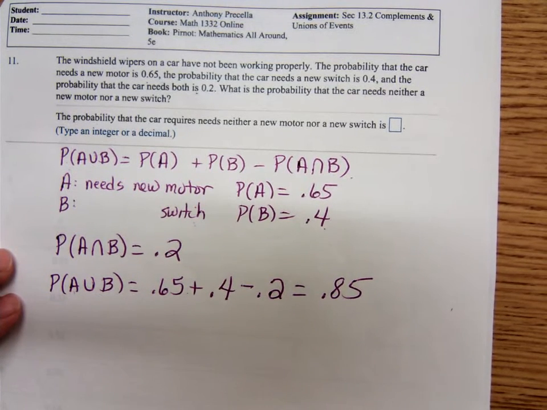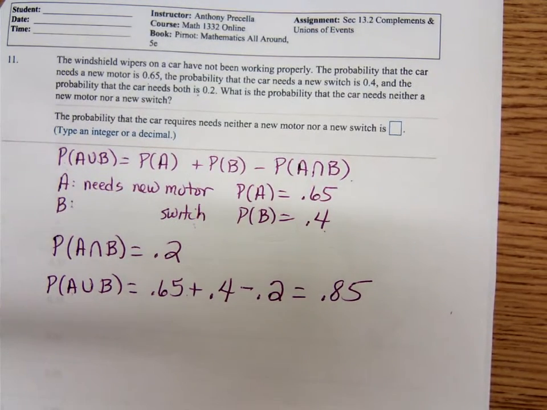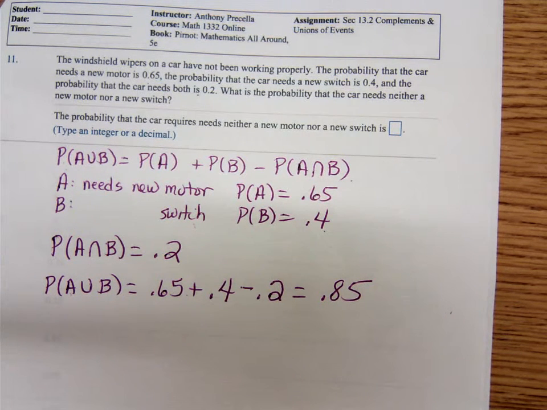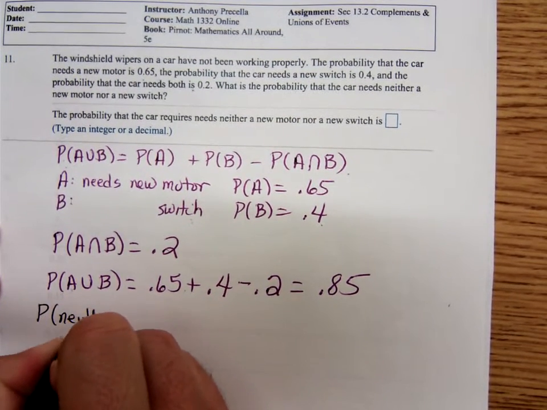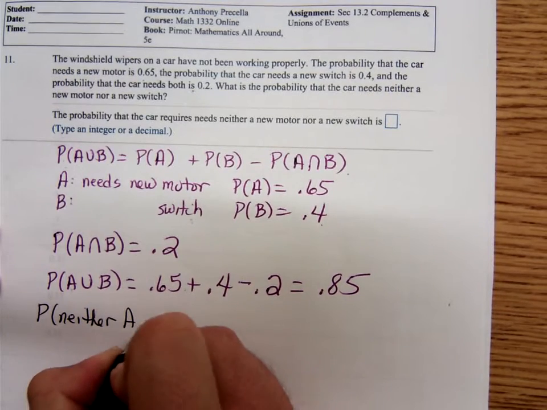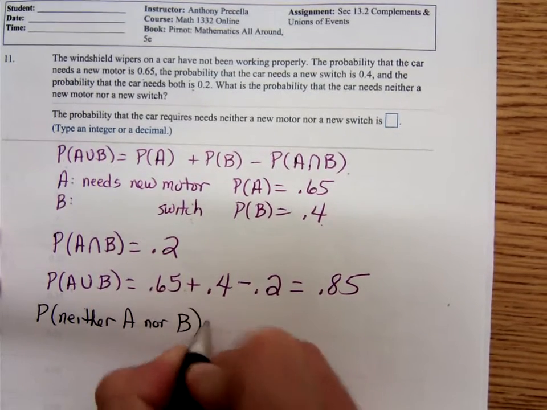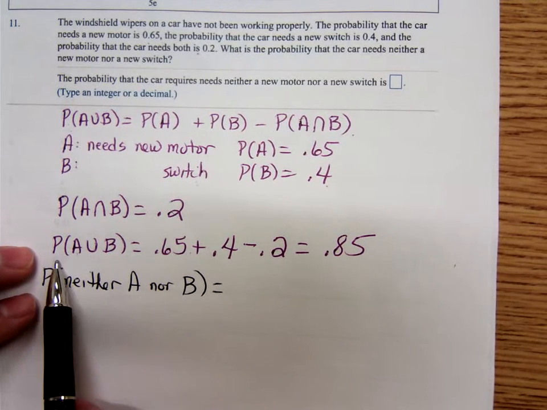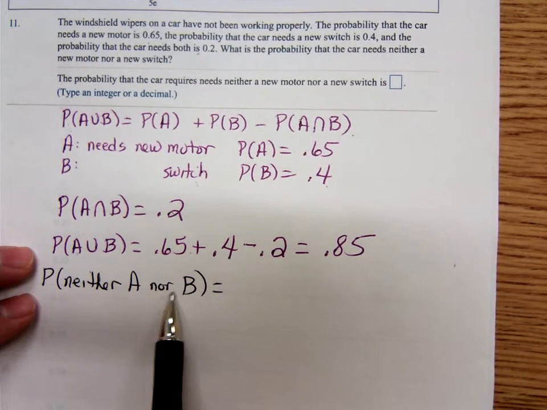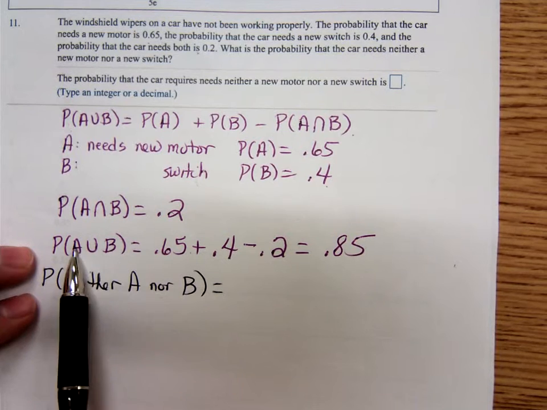Well, let me find my black pen. That's what I'm going to write this answer in. Okay, so the probability of neither A nor B. Well, the probability of an event and its complement, either it needs one of those or it needs neither of those.